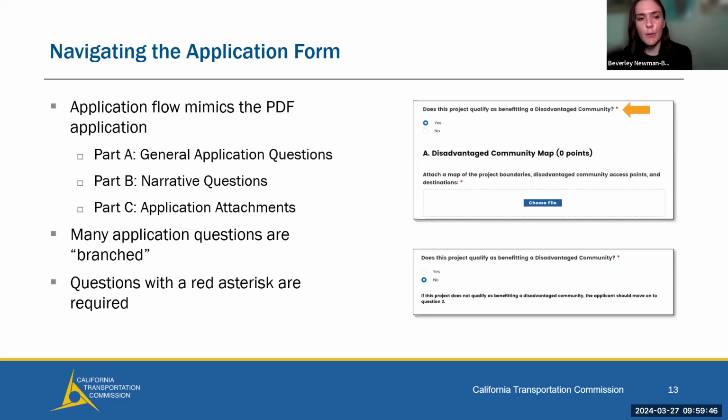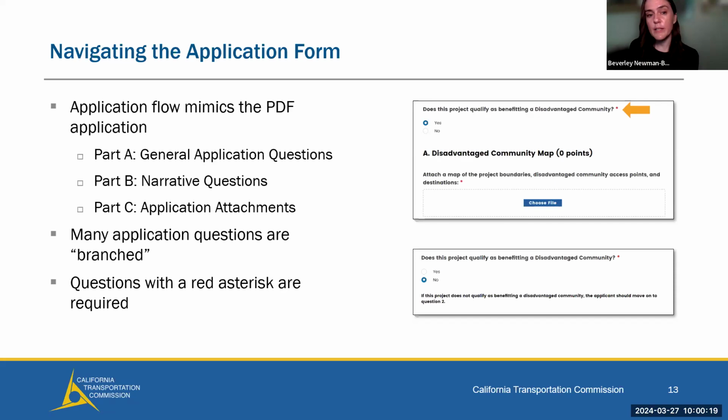So I mentioned this before, but many of the application questions are branched, meaning if you select one response, it'll populate something. If you select a different response, it'll populate something else. I have an example on the screen here. For the disadvantaged community question, at the beginning, does this qualify as benefiting a disadvantaged community? If you select yes, it would populate all the DAC, or disadvantaged community, questions. And if you select no, it comes up with a little message that says you can move on to question 2.